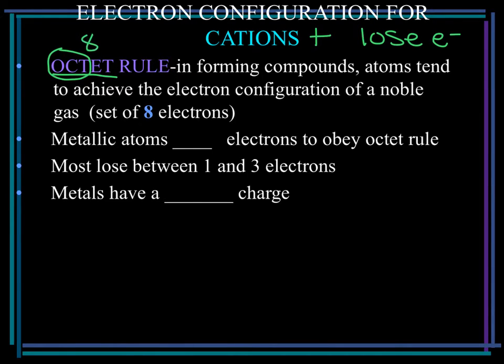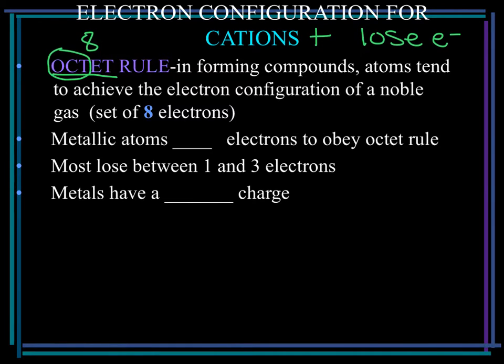Oct means 8, right? So which group of elements have 8 valence electrons? That would be your noble gases, correct? And so that means that your cations are going to lose electrons so that they can have 8 valence electrons like one of the noble gases. And then therefore their outermost S and P sublevels will be filled and they will be stable.